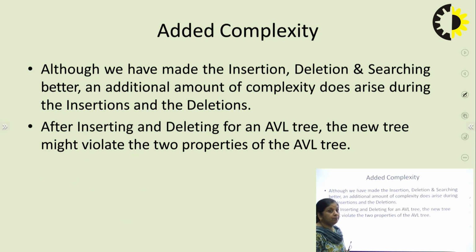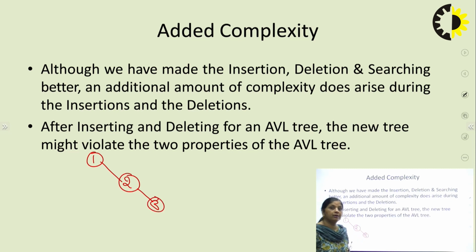Now another important point about AVL trees: we do insertion like in a binary search tree. But in a binary search tree, when I had the insertion order 1, 2, 3, I inserted 1, then 2, then 3, and a binary search tree is formed.